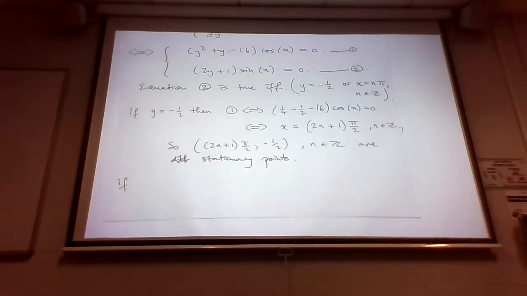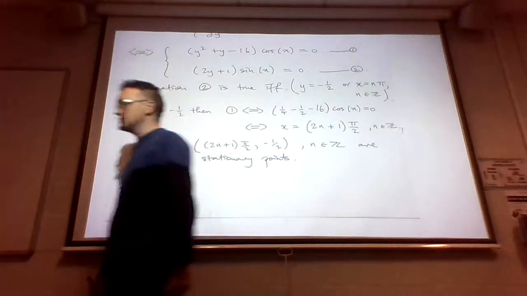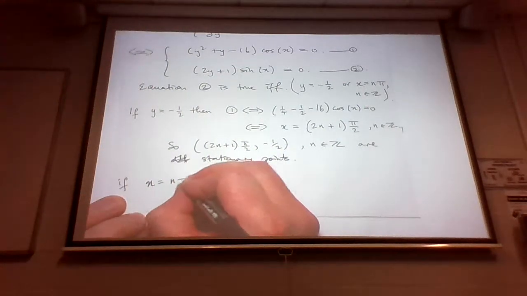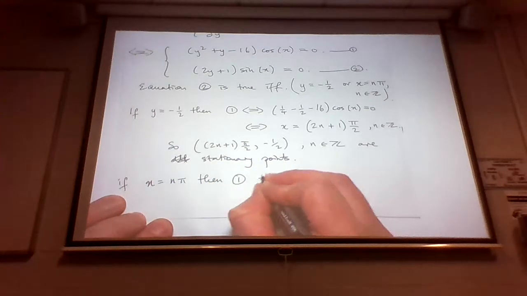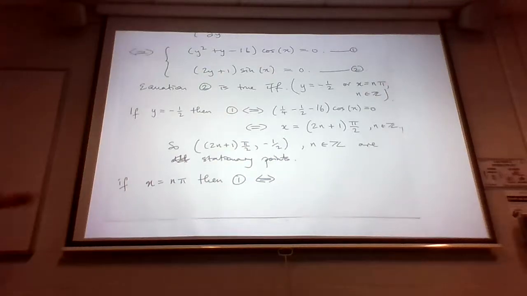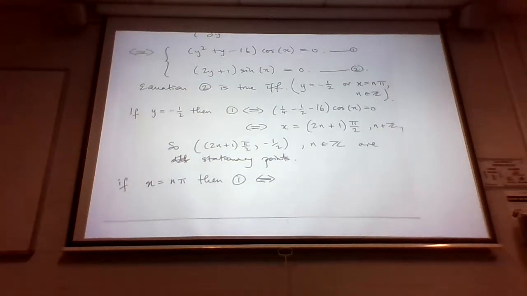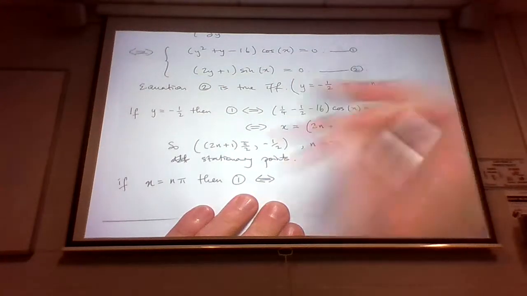So that's only half the story. The other condition from equation 2 was x equal to n times pi. If x is n pi, then equation 2 is satisfied. But remember they both have to be satisfied, so what does equation 1 look like if x is an integer multiple of pi?